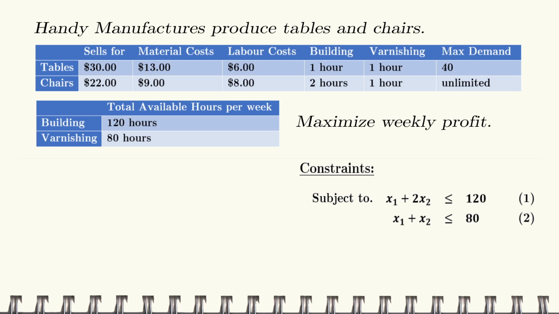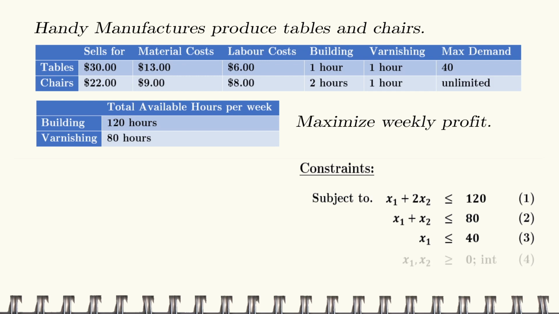We were also told that the maximum number of tables that can be sold in a week is 40. This means that x1 may not be larger than 40. However, there is no limit to the number of chairs that can be sold, and therefore there does not need to be any constraint applied to the variable x2.